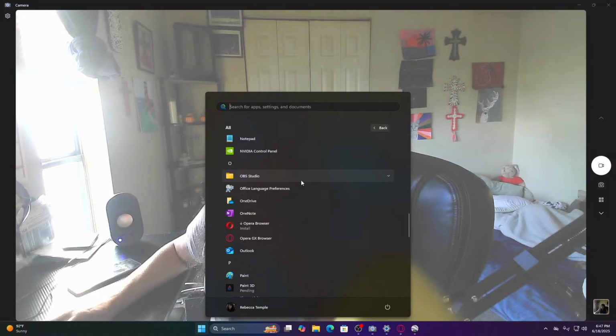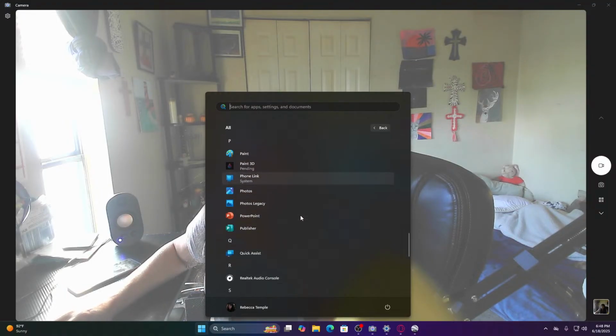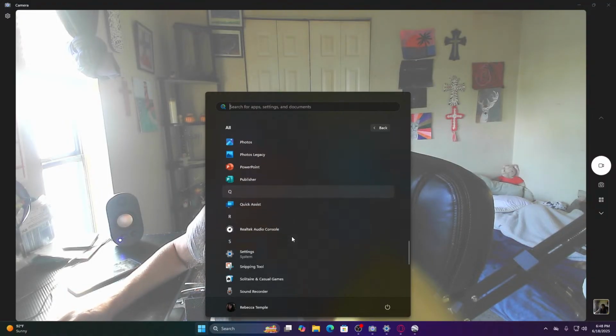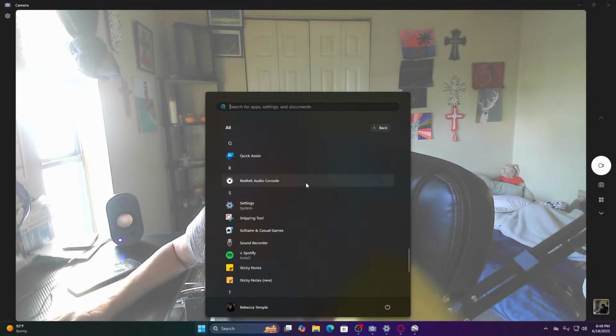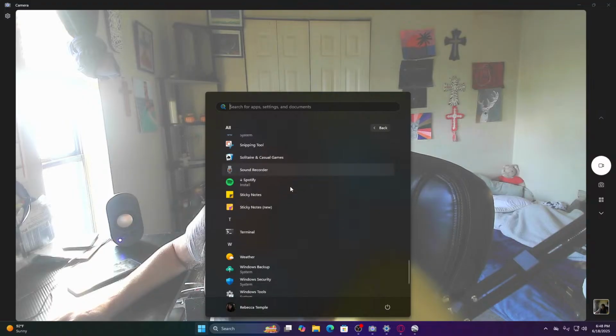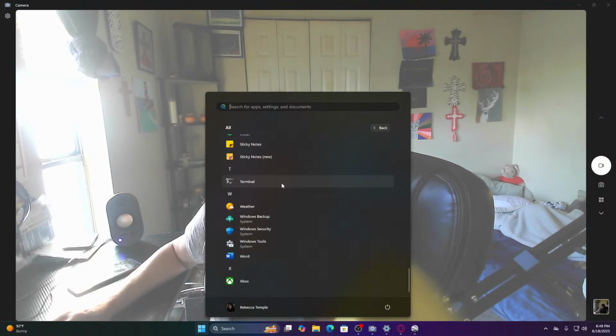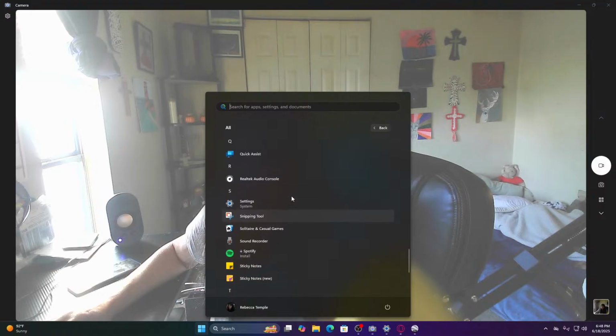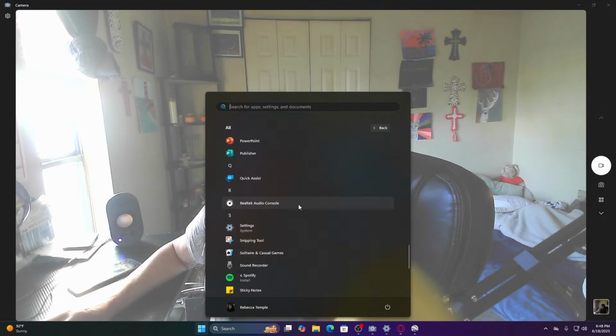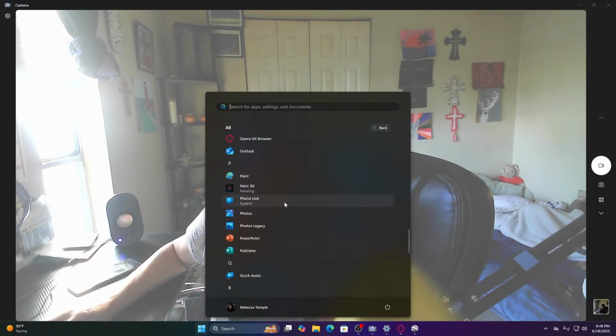Like there was something else that I saw on here that I could actually do video from the computer. It's got a Realtek audio console. I don't know what terminal is, so I haven't hit that either. I mean, I can figure out weather on here. It's got a phone link.